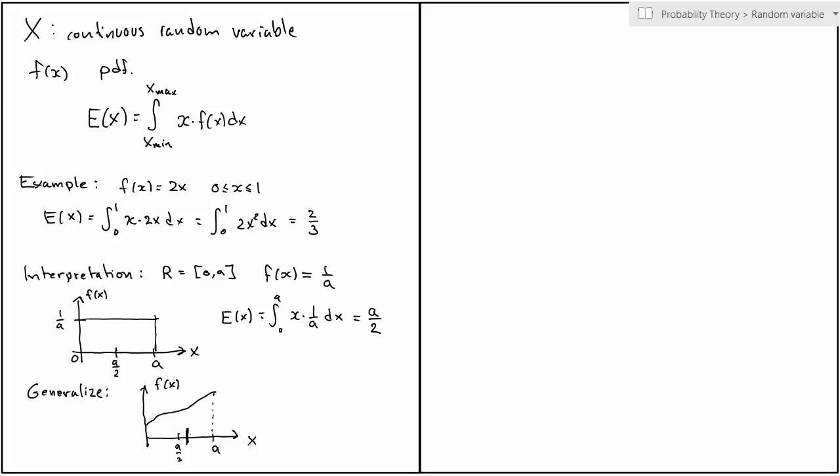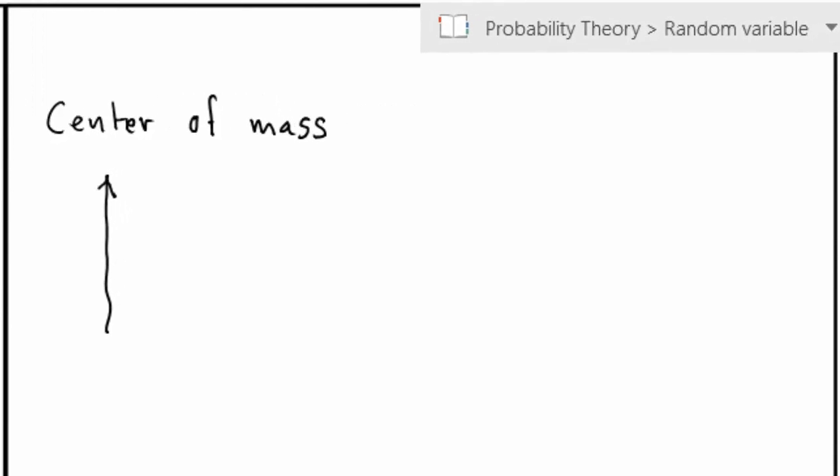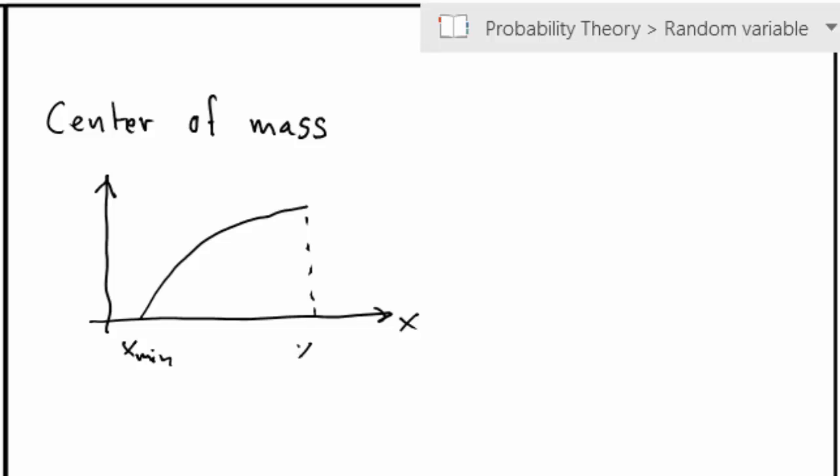Here's another way you can think of the expected value. So let's look at another example with an arbitrary range. Let's say I have some PDF which looks maybe something like this. So my x min and my x max.